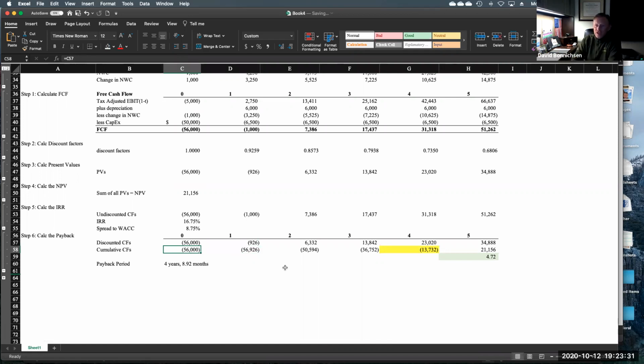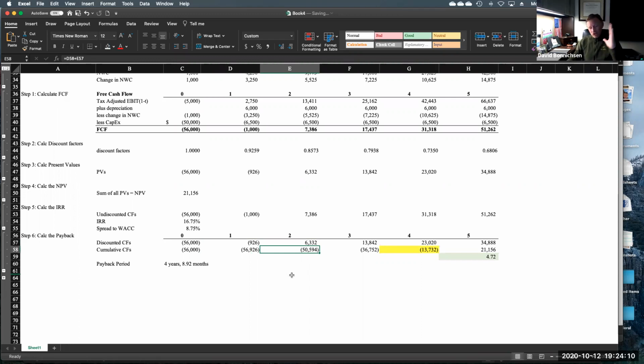So the cumulative cash flow is simply nothing more than what the balance was at the beginning, right, minus whatever we put into it from the cash flow stream that we generated. So actually in year 1, we lost money, so the balance got more negative. But in year 2, we started to make money. We made 6332. Therefore, our new balance at the end of year 2 was what we started year 2 at, 56,926, minus what we paid down of 6332 to get us to a new balance of 5594.